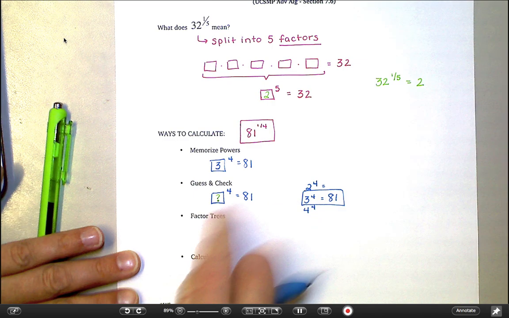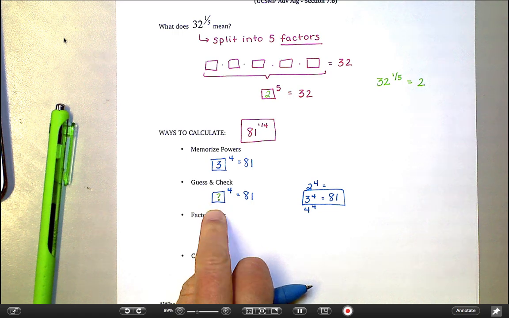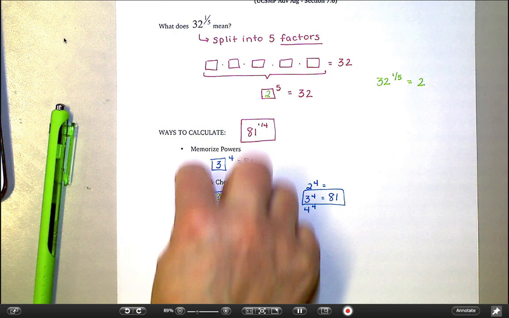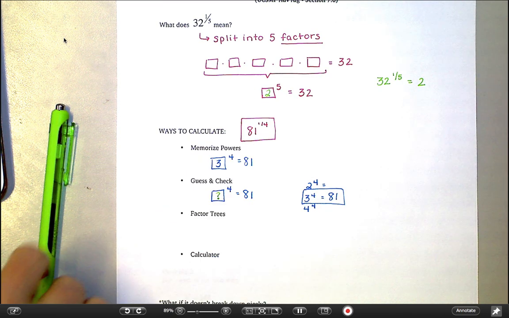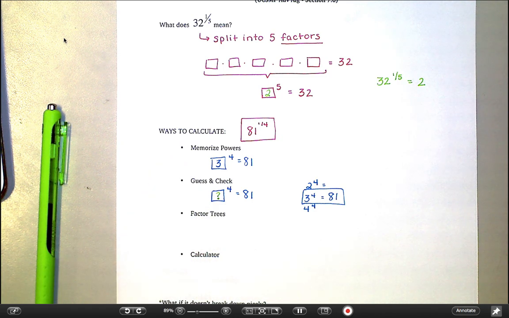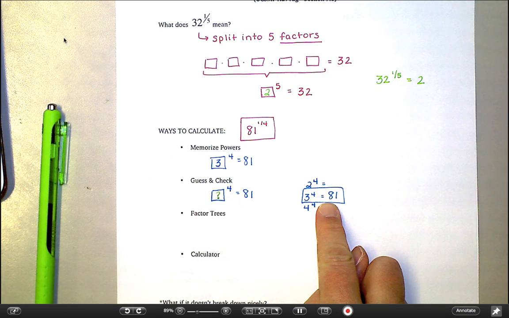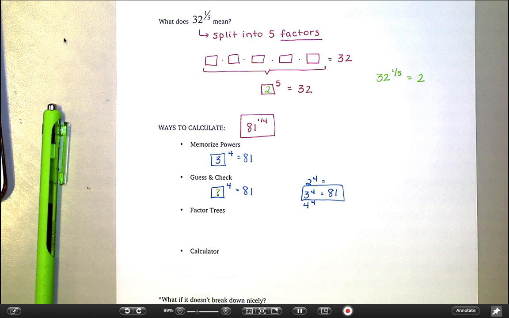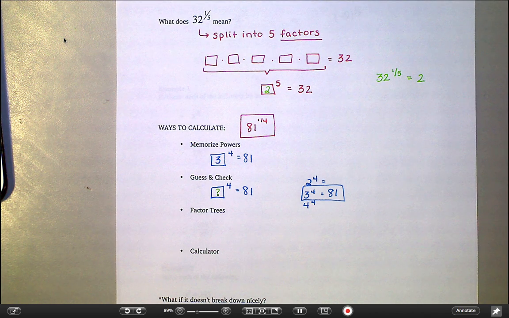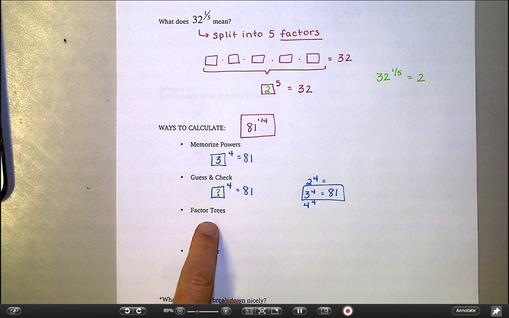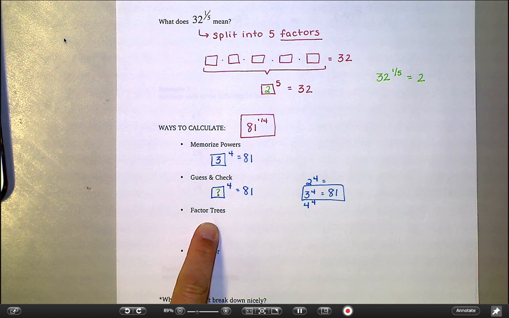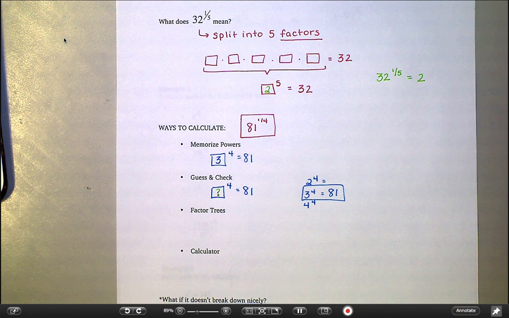You have to know that structure to be able to do that. There are pros and cons to both of these methods. The pros are that both should be relatively quick, depending on how many times you have to go through the guess and check process. But we know that memorization is not really reliable, right? We can't rely on always having these things memorized. So we are going to talk about a more mathematical way to do this in just a minute. Of course, the downside is that it will take longer.